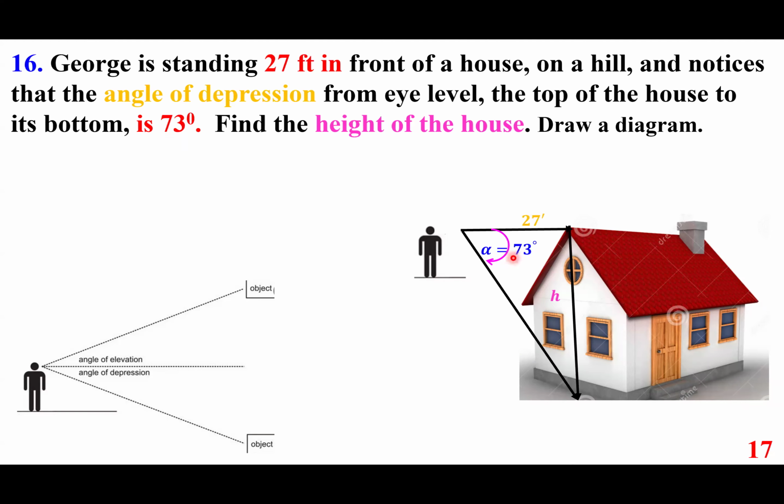So tan of 73 is the opposite h over the adjacent 27. So h is the product of these two numbers. You're putting it into a calculator with a bunch of decimals. 88.31 feet, everybody.